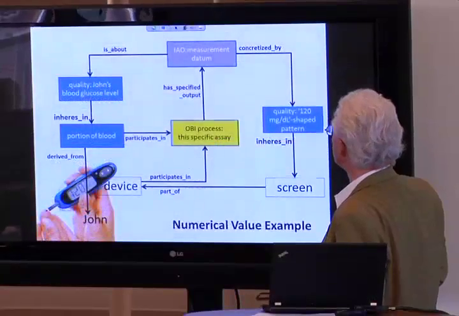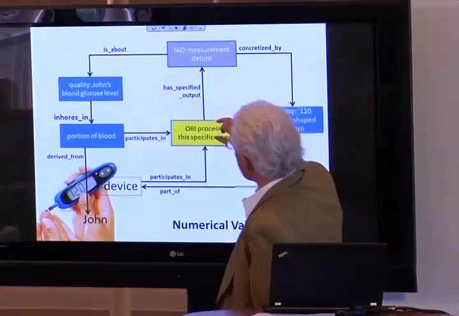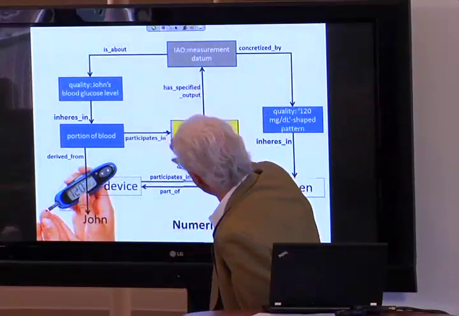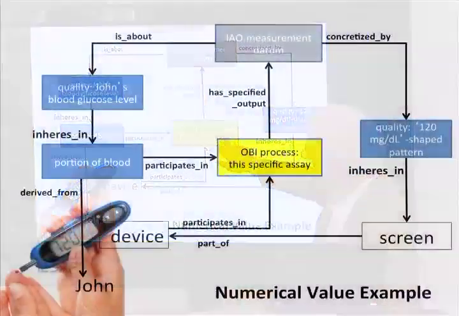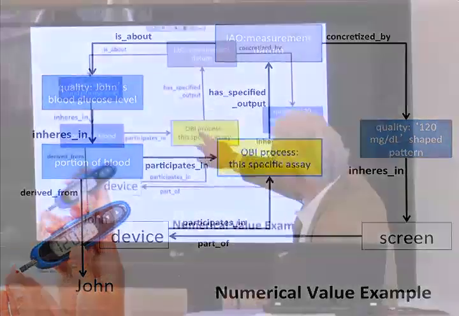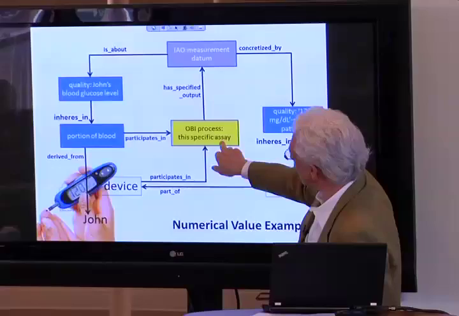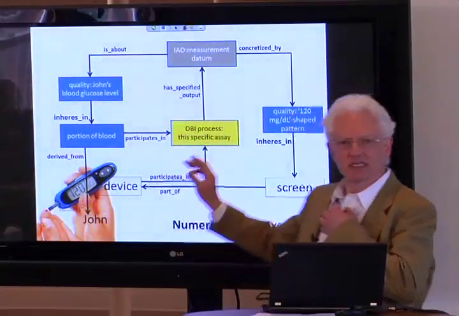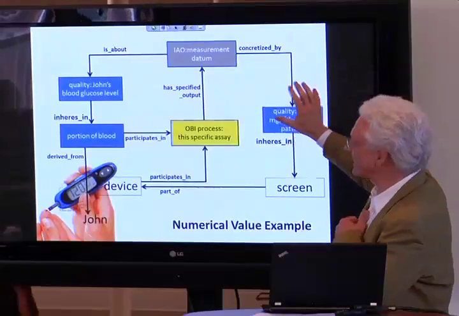And the whole thing is centered around this Buffo occurrent, which is a process. It's a OBI process. OBI is the Ontology for Biomedical Investigations, which is a specific kind of measurement assay, namely a blood glucose measurement assay. Now, it seems complicated.